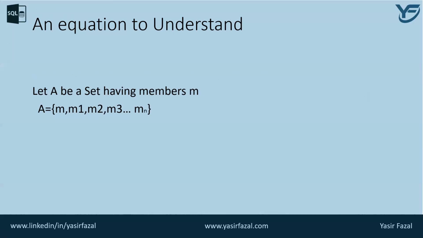Whenever I pick any element from that certain set, I will say that member belongs to A. So M_i stands for any member which is in this set. This symbol ∈ means belongs to the set A.